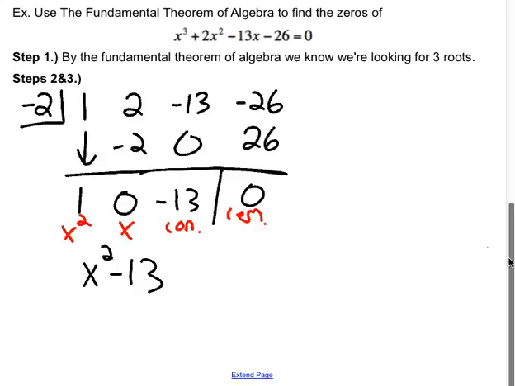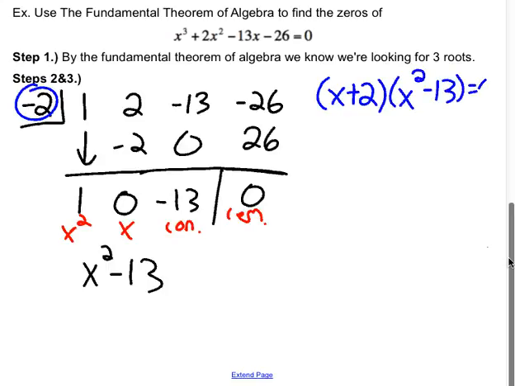Now remember, we've already talked about this a couple times, that when the remainder is 0, basically the synthetic division is being used to factor out that solution. So if my solution was -2, it meant it was pulling out its factor, x plus 2. And what is left behind? Well, the x squared minus 13.